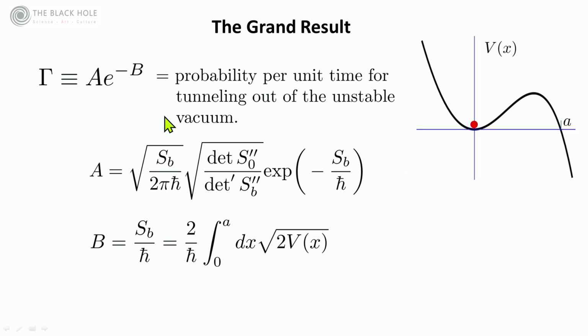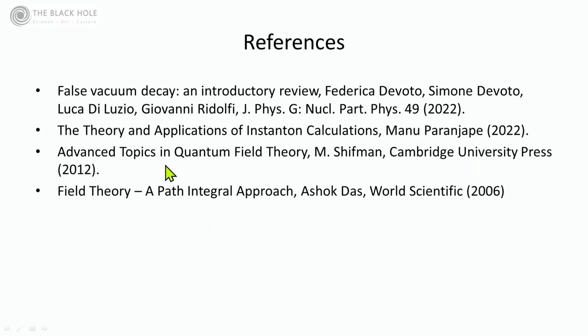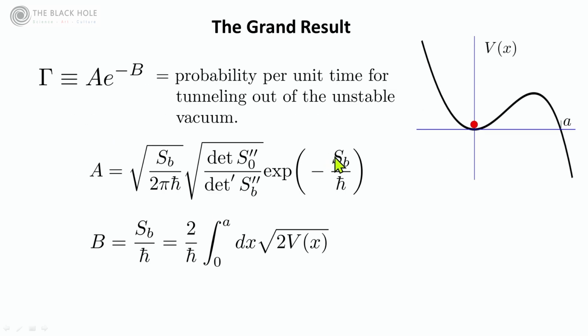But what is the result? A is this thing. It's not simple. SB is simple. This action here is simple. We've calculated that SB is this thing, 2, 0 to a dx square root of it.